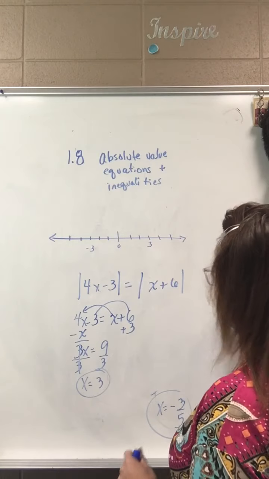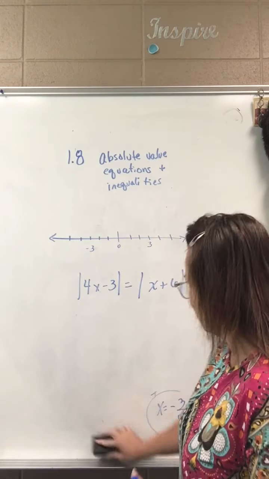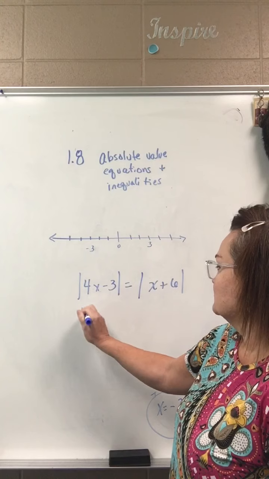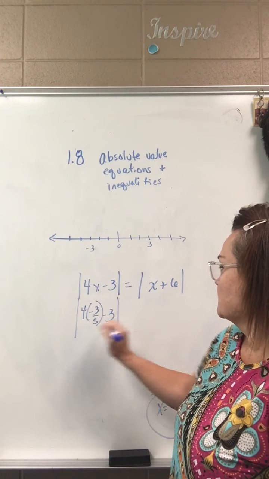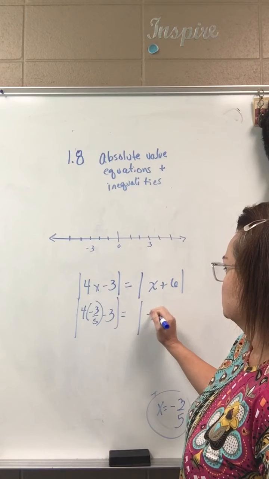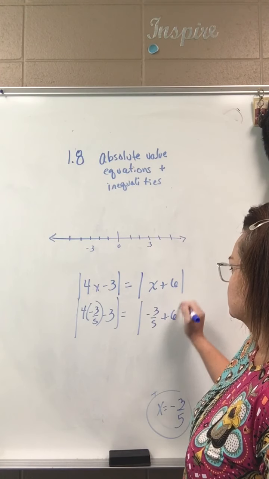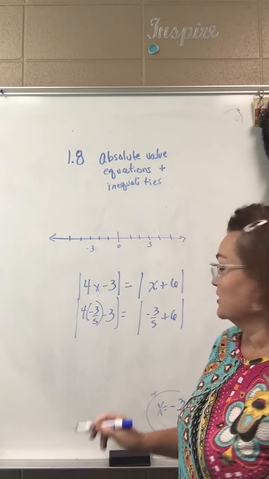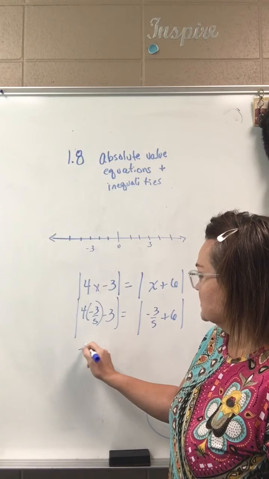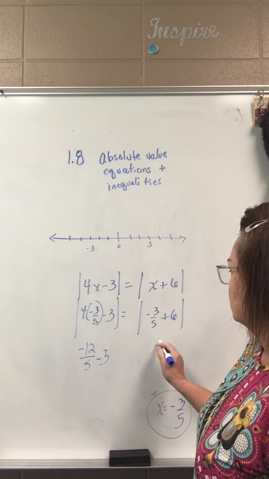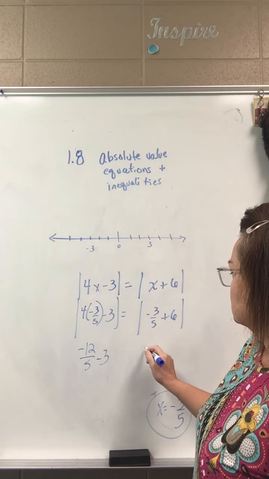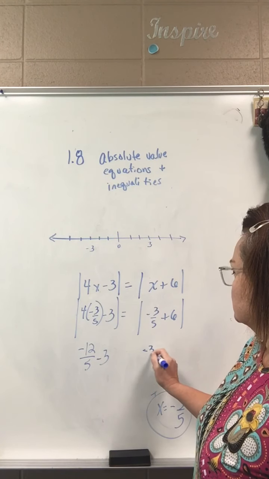Not as friendly or as easy for me to check, but if I plug in -3/5 minus 3, and for both of these sides, I'll probably just use my calculator for this, right? I might plug it in on my calculator and get it as decimals even to check, but let's see, -3/5 plus 6.